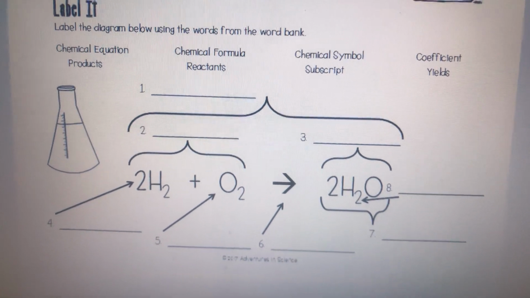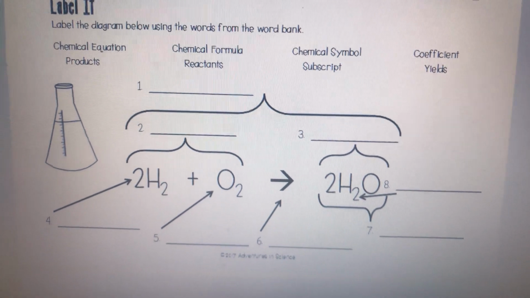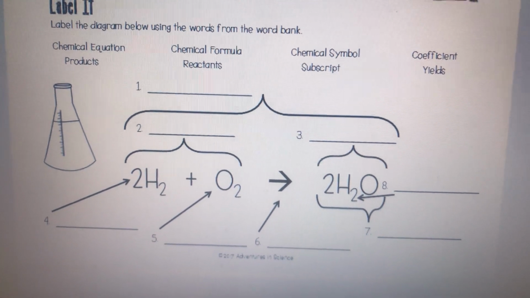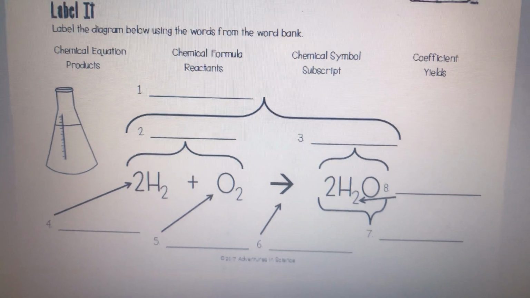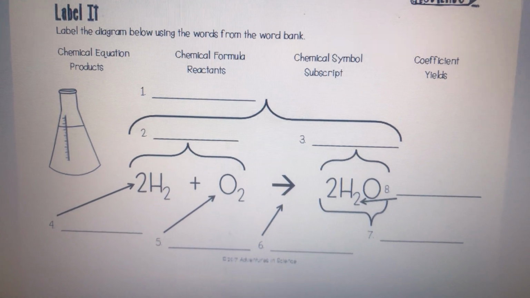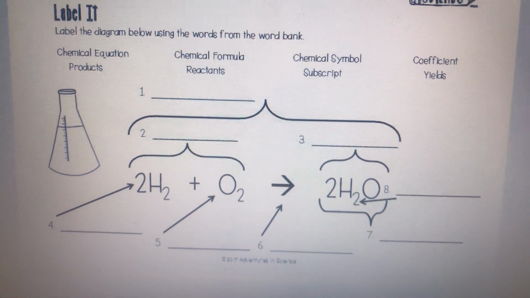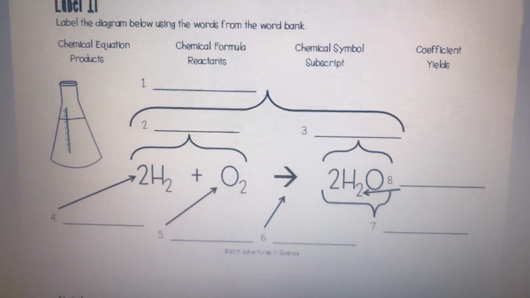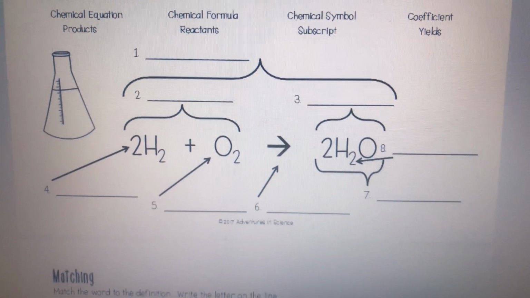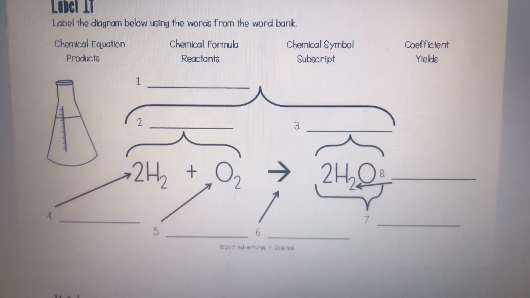That is a coefficient, isn't it? And then, of course, when it has 2H2, the small 2 is called a subscript, right? And then 2H2 plus O2. O is a what? That's a chemical symbol, isn't it? And then that arrow sign, that's yields, isn't it?